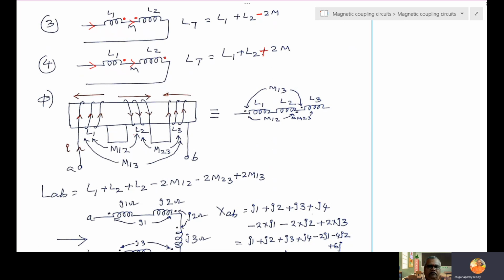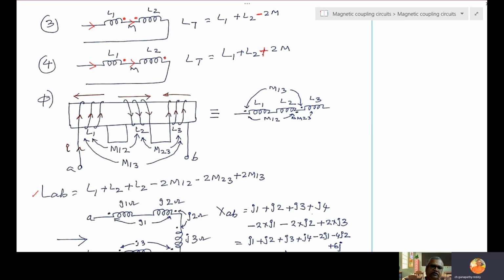And here L1, L2, L3 are given, coupling M12, M23, M13 given. The question is to find LEAB, the L equivalent across A and B. So to find LEAB, what is the basic rule?